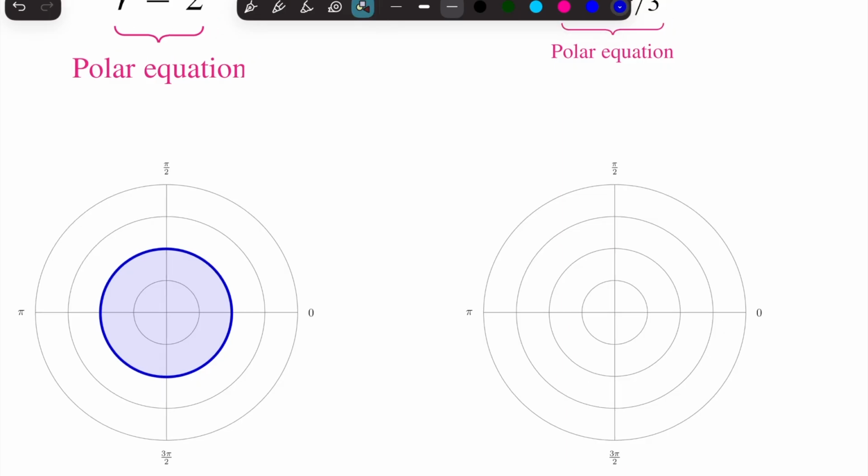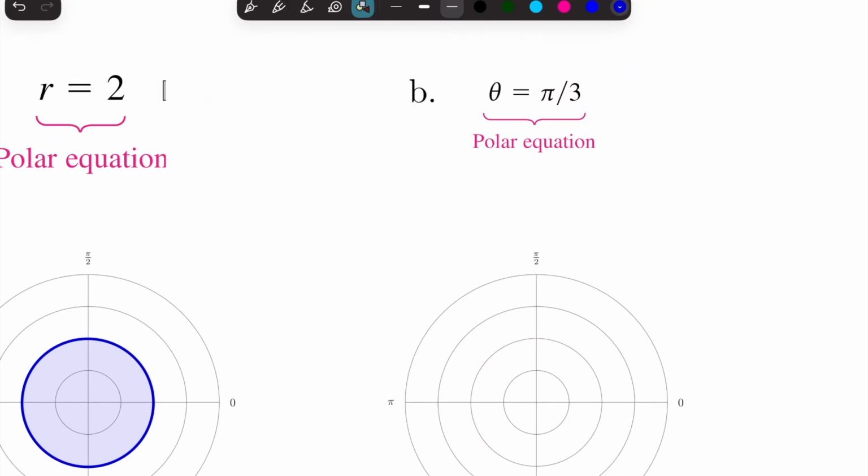All right. What about the opposite? What if it's theta equals a constant? And this is kind of the y equals a constant and x equals a constant in the coordinate plane situation, right? If y equals a constant, we get a horizontal line. X equals a constant, we get a vertical line. So in polar form, if r equals a constant, we get a circle. If theta equals a constant, we're going to go to that angle.